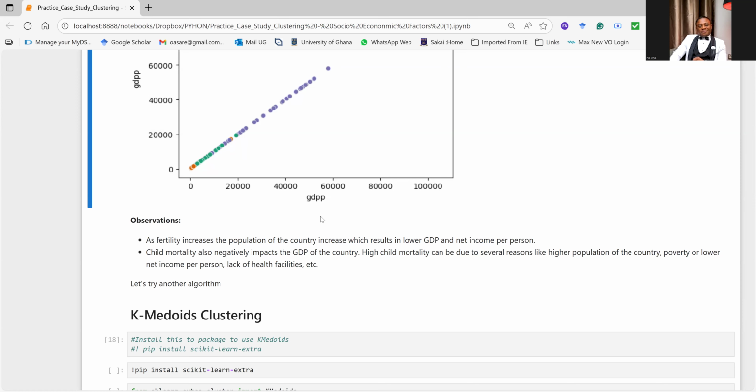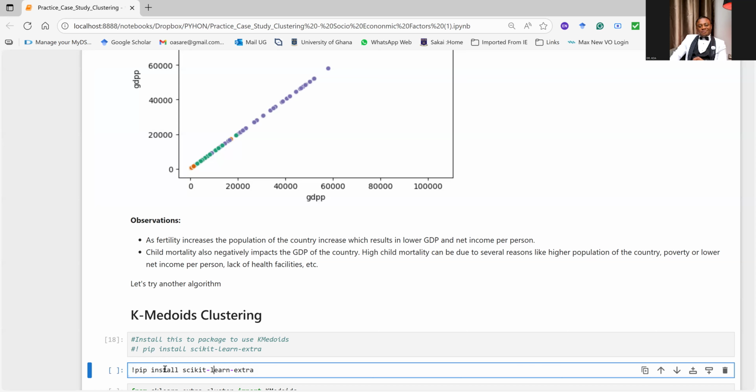Okay. Now, K-medoids. For the K-medoids to work, I tried this and it appears not to be working. But to work, you need to pip install scikit-learn-extra. So you need to create a cell and pip install it. Please do that.